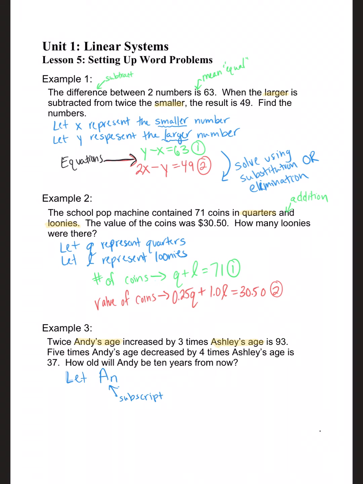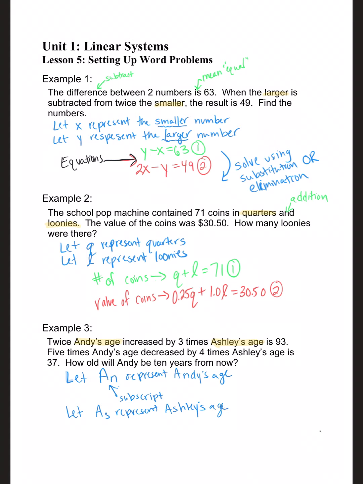So let A with a subscript N represent Andy's age. And then we will let A with a subscript S represent Ashley's age.